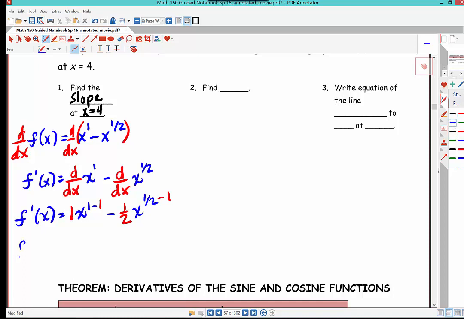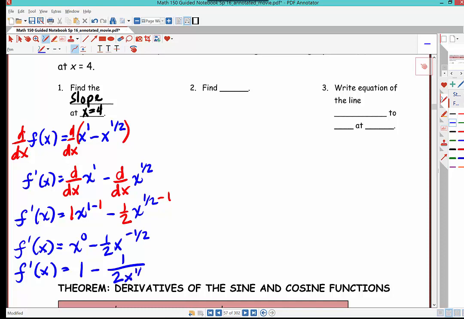So we'll have f prime of x is x to the 0 minus 1/2 x to the negative 1/2, which will give us f prime of x is 1 minus 1 over 2x to the positive 1/2. Now, since we were given a specific value of x, we can just stop simplifying there. If it helps, you can rewrite it in radical notation. So f prime of x will be 1 minus 1 over 2 root x.